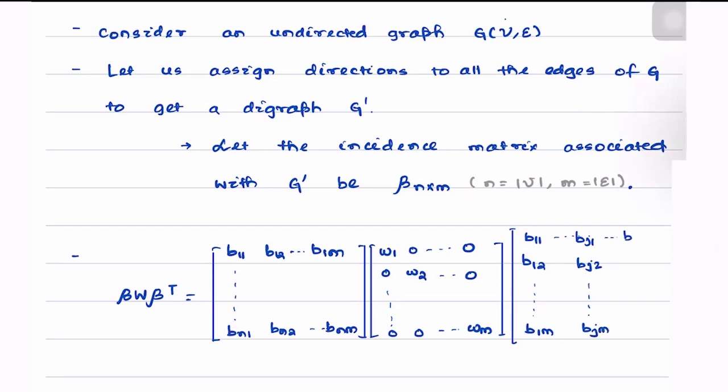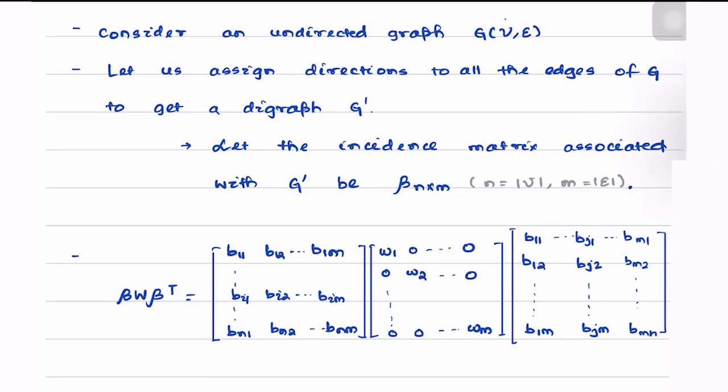And then the last one would be BM1, BM2 going up to BMN. This is N. Now, just for completion, let me add the ith row here: BI1, BI2 going up to BIM.